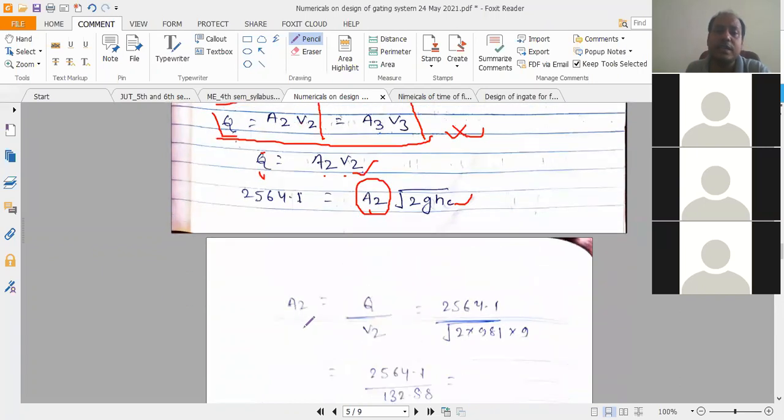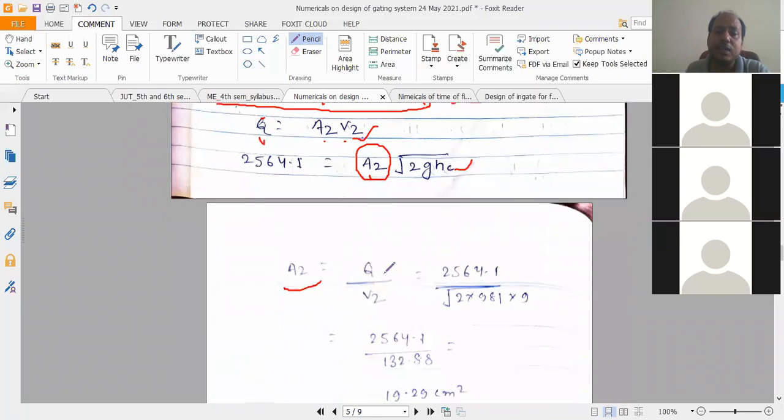So first we can determine the area a2 as q by v2, and v2 is equal to the square root of 2 into 981 into 9, because of the height of the pouring basin, and the flow is 2564.1.